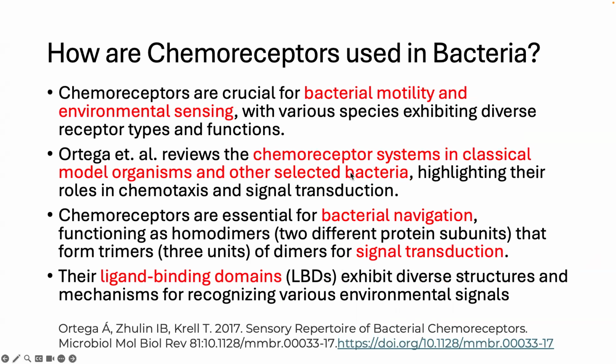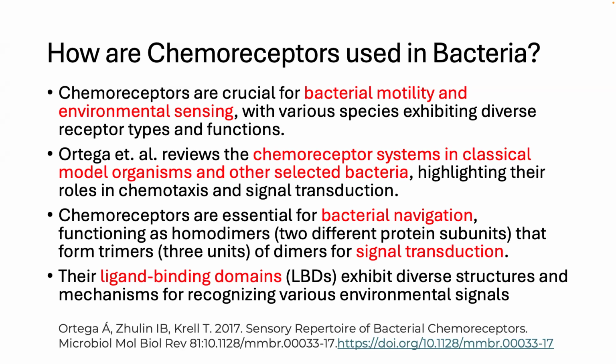So how are chemoreceptors used in bacteria? They're used for motility and environmental sensing, so it plays a crucial role in that. Ortega, and this is the first time I've referred to this paper, reviews the chemoreceptor systems in classical model organisms and other selected bacteria.